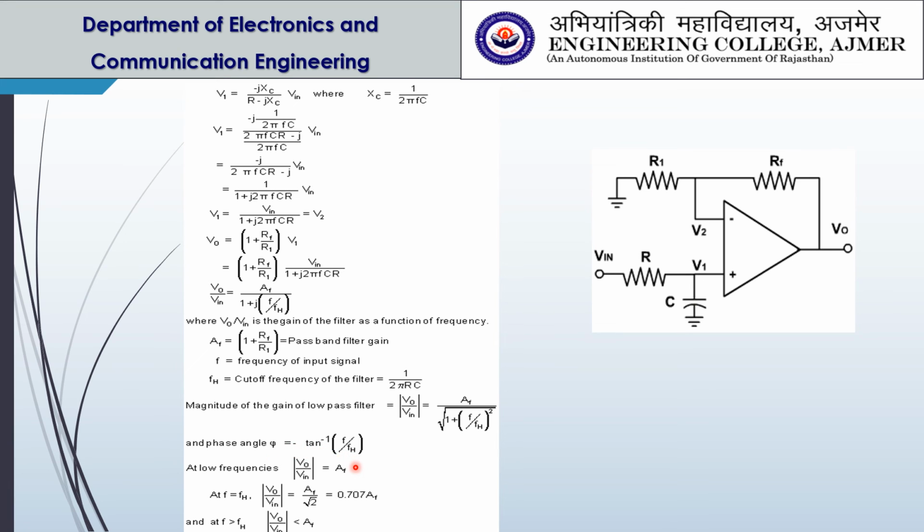At low frequency, mod of V0 by Vin is equal to AF, and at f equal to fH, that is at the cutoff frequency, if we put f equal to fH in this equation, we get gain equal to AF by root 2, which comes out to 0.707 AF, also known as the 3 dB gain of the maximum gain.